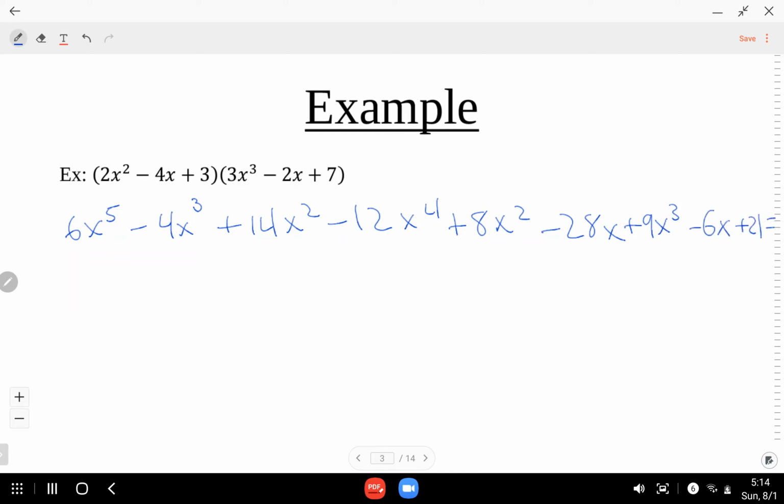Okay, so after we're done with that, you're just going to combine like terms, all right? So 6x to the fifth is the only x to the fifth, so let's just do that, okay? And then we only have this x to the fourth, so we're just going to keep that as well.